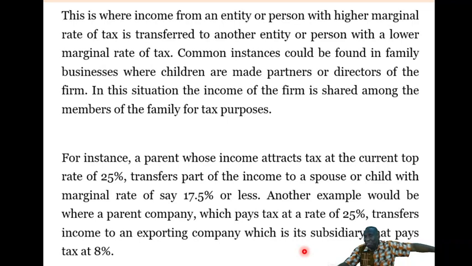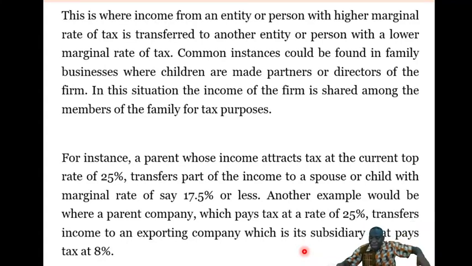The parent will be giving to the subsidiary at lower prices, so that the revenue of the parent will be so small, whilst the purchase cost for the subsidiary will be very low, and for that matter, the profit will be very high.